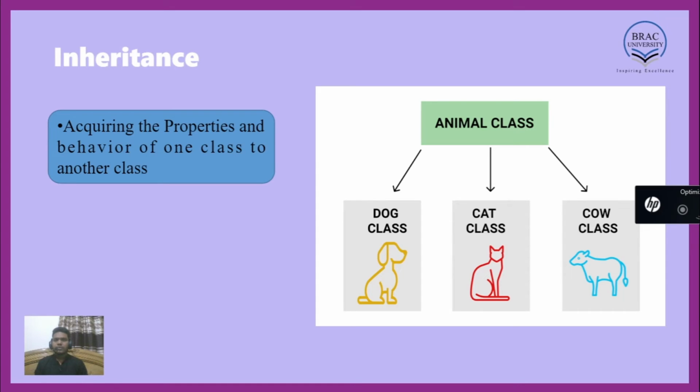So we do not need to write the same attributes and behavior in every class. In that way, we are creating inheritance. We are inheriting one class's properties and behavior. Here, the animal class is the parent class, and the dog, cat, and cow classes are the subclasses or child classes.